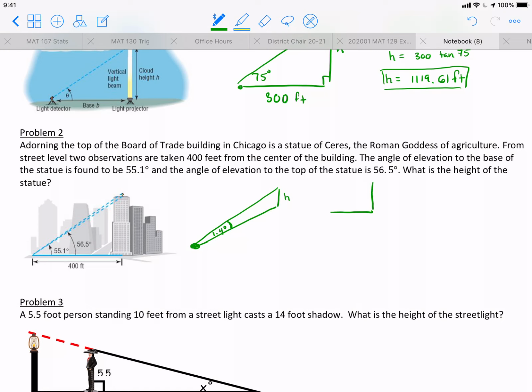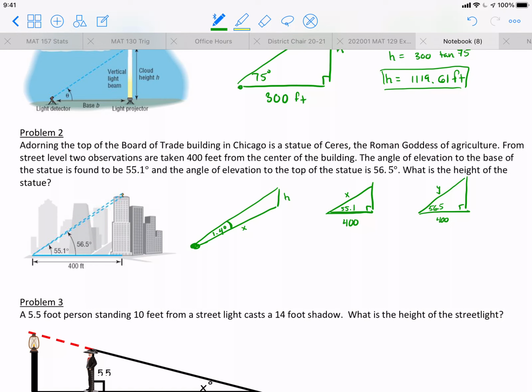And to do it, we're going to look at both right triangles. So one right triangle is like this, 55.1. And that's going to get me this side, which, by the way, is this side here. And there's another right triangle, the bigger one, 56.5.